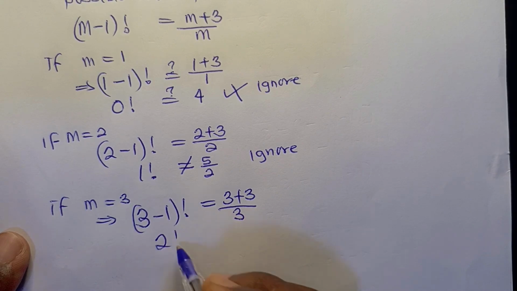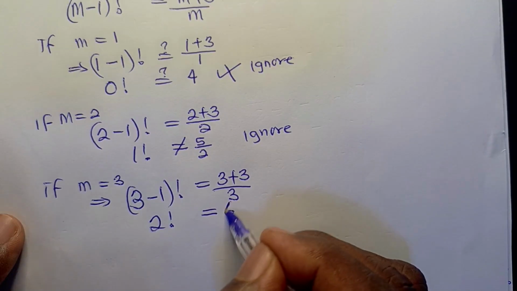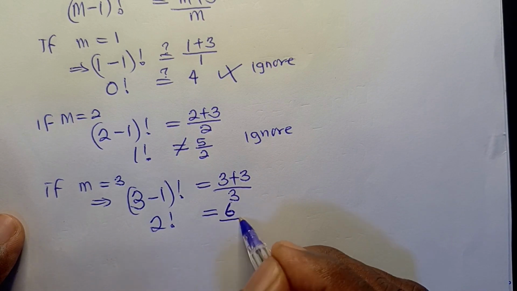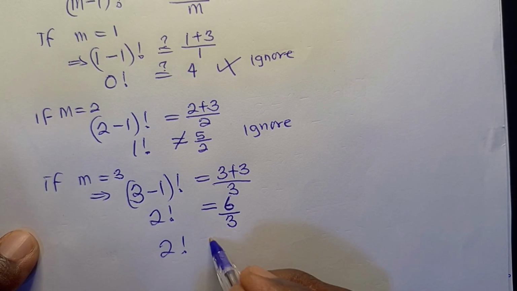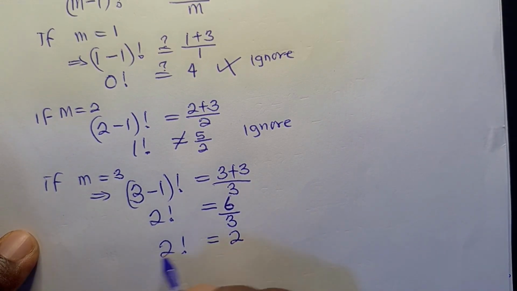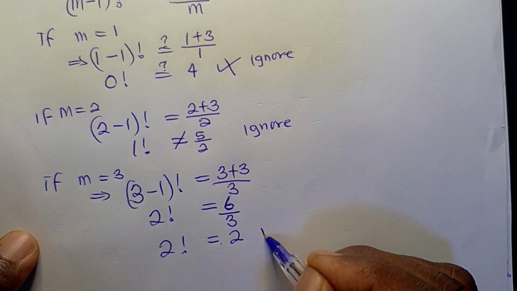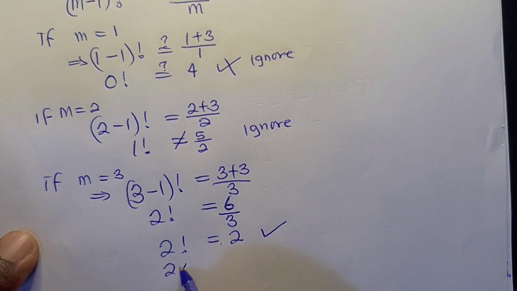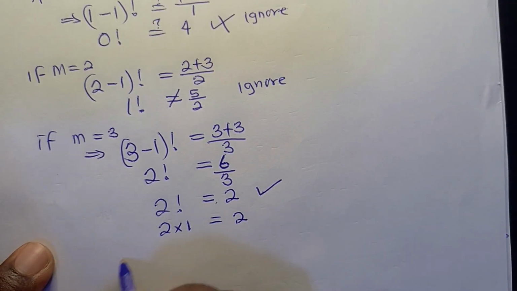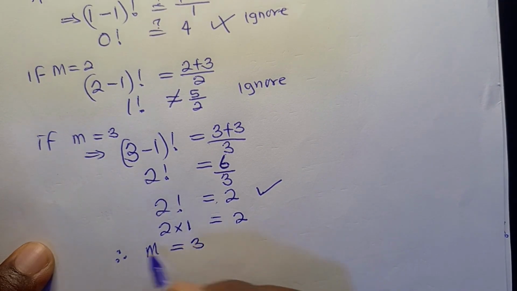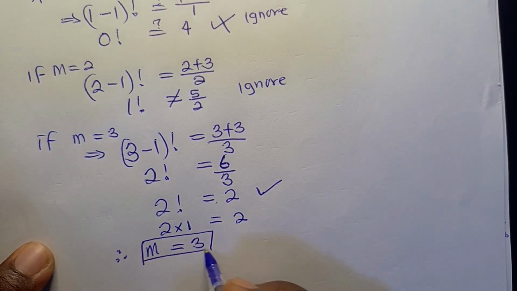So this will give us 2 factorial equals 6 divided by 3, that is 2. So this is true, that is correct, because 2 times 1 is equal to 2. So we see that the correct value is m equals 3.